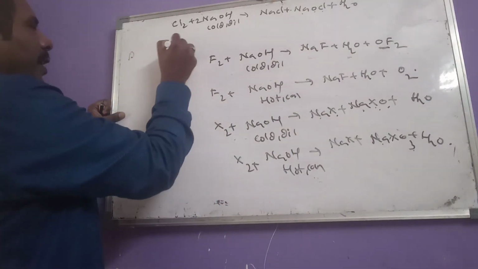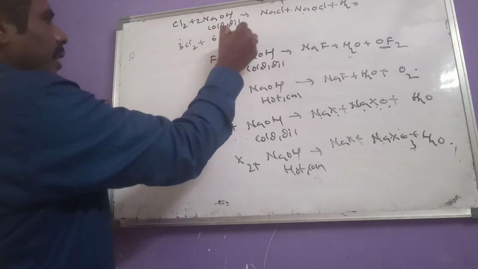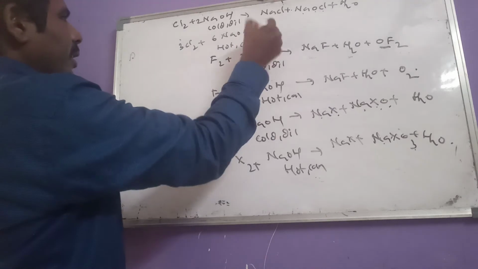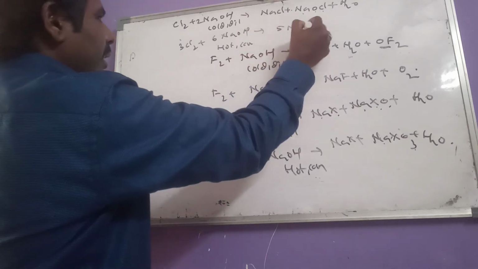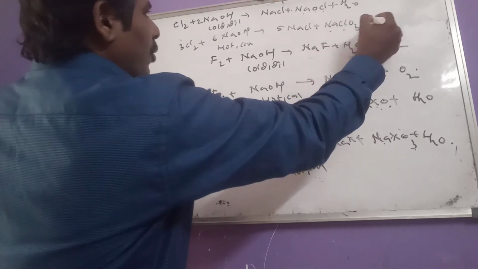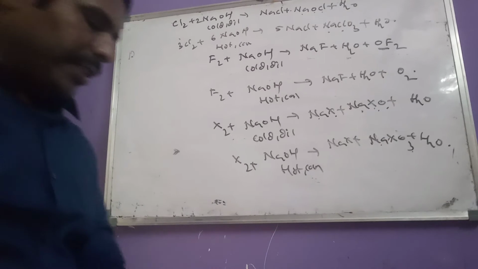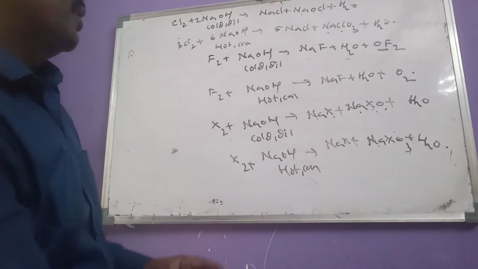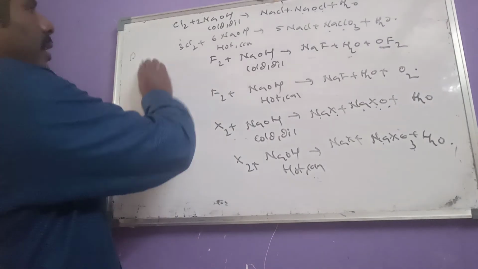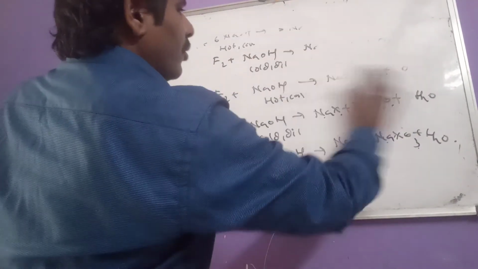And when chlorine reacts with hot and concentrated NaOH, we get NaCl plus NaClO3, sodium chlorate, plus H2O. So these are the reactions of halogens with NaOH. And another one is with calcium hydroxide also.